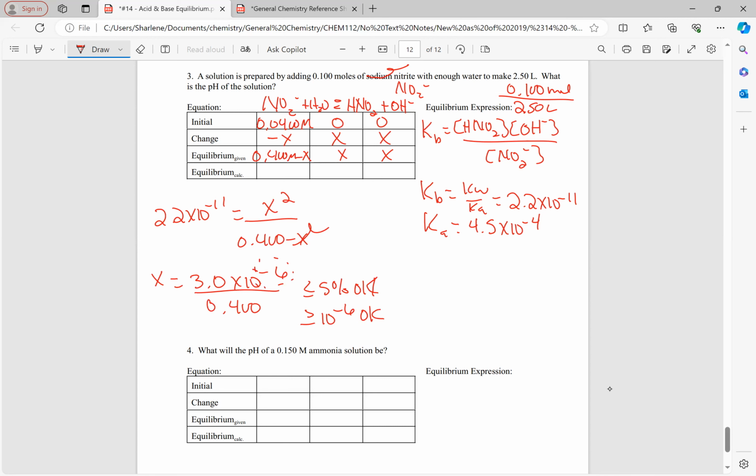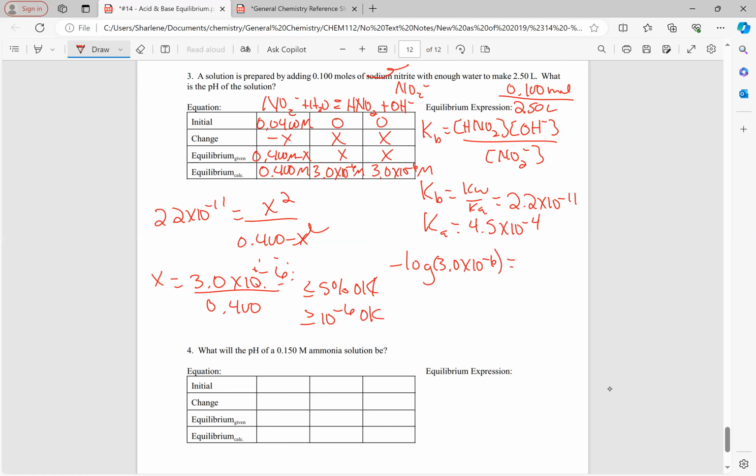What is x? In this case, it's both concentrations, and 0.04 minus that value is still just going to be 0.04 to significant figures. I'm going to take the negative log of 3.0 times 10 to the minus 6. But guess what?